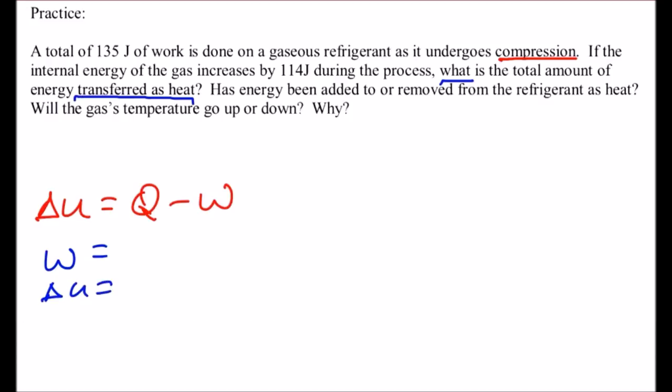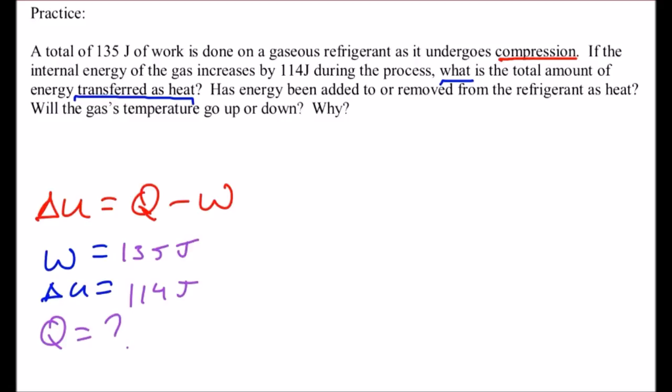All right, so it says that a total of 135 joules of work is done on the refrigerant as it is compressed. Okay, so that's important. And then it says that the internal energy of the gas increases by 114 joules.